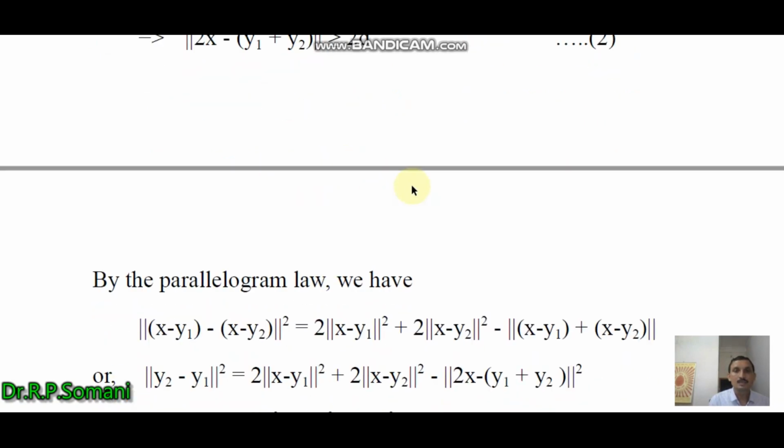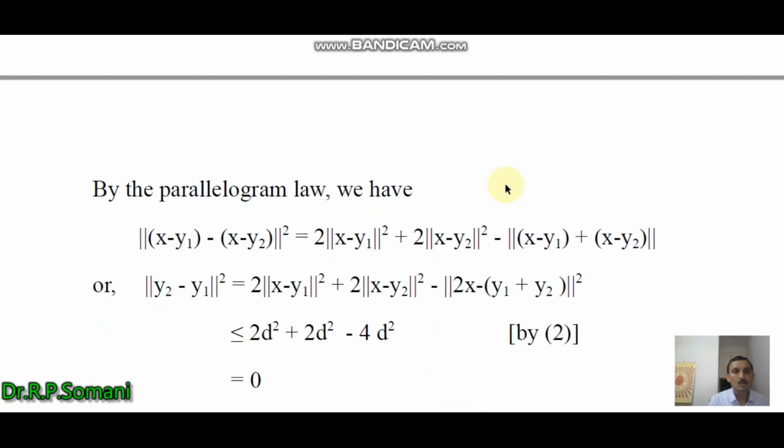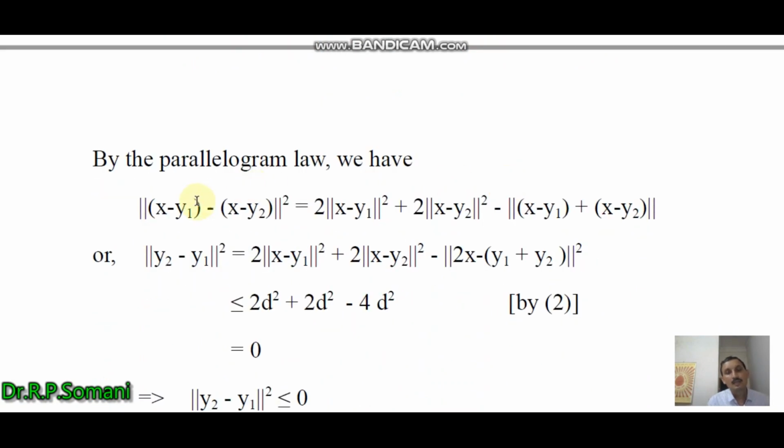This we denote as equation number 2. And now by the parallelogram law, norm of (x minus y1) minus (x minus y2) square equals twice norm x minus y1 square plus twice norm x minus y2 square minus norm of (x minus y1) plus (x minus y2) square.